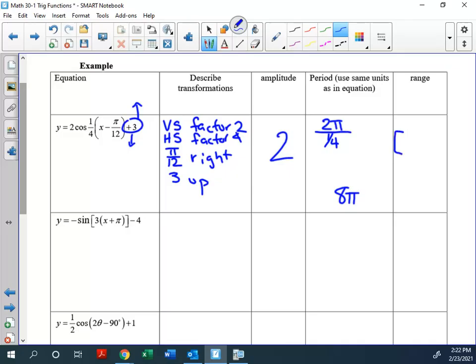So my range is going to be 3 down 2 to take me to 1, and 3 up my amplitude of 2 to take me to 5. So that D value and that A value are that maximum and minimum. Pretty straightforward. So it's just pulling out that information again.